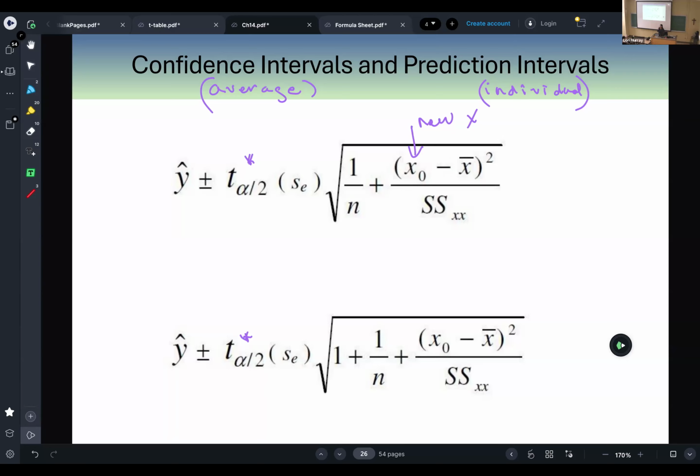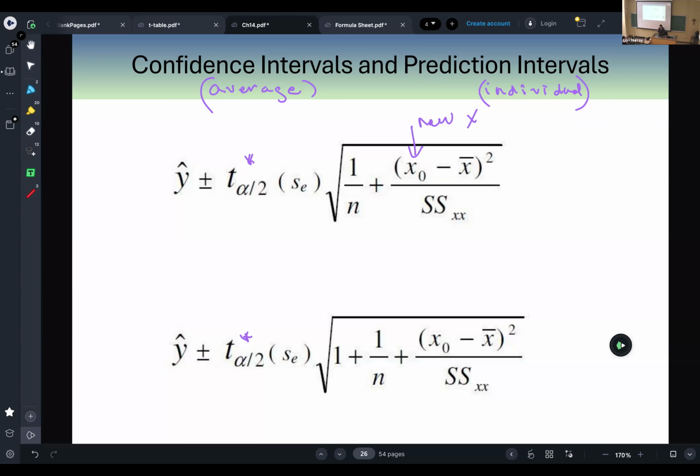So you can see there's only one difference between the confidence interval and the prediction interval. Do you see the difference? They're almost identical. Can you see the difference? There's only one difference between the two.